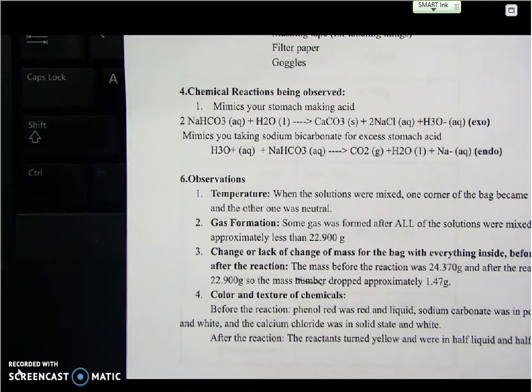That means that you had some sodium bicarbonate on the inside of the bag. You didn't get your sodium bicarb all the way down into the corner before you released it, and so when you poured in your phenol red, you started the reaction. You could use that as part of your explanation, now that you know.